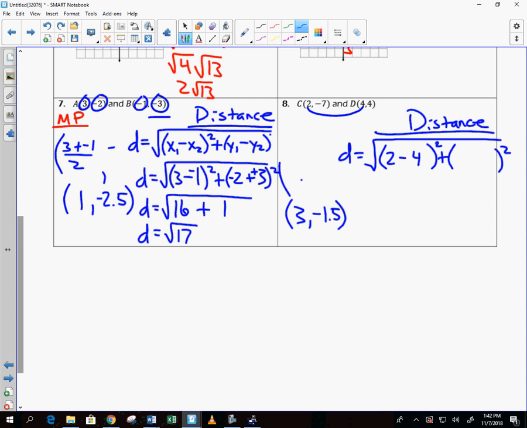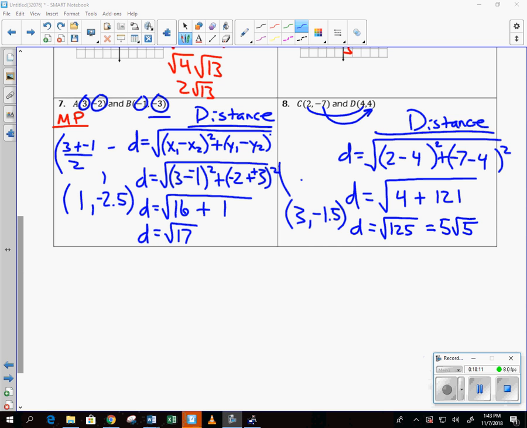Then, good. See if you can simplify it from there. Go. Okay, did you get 4? Did you get 121? 4 and 121 make 125. 5 root 5.